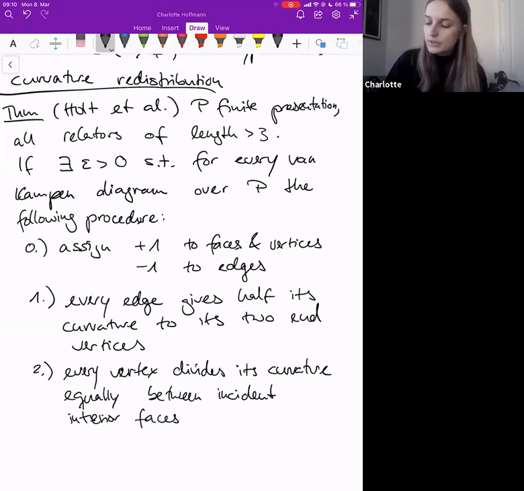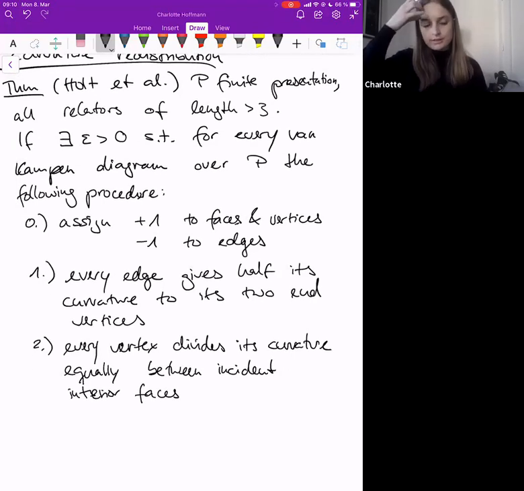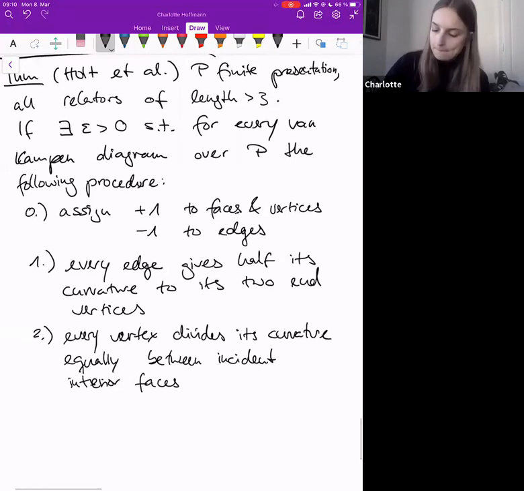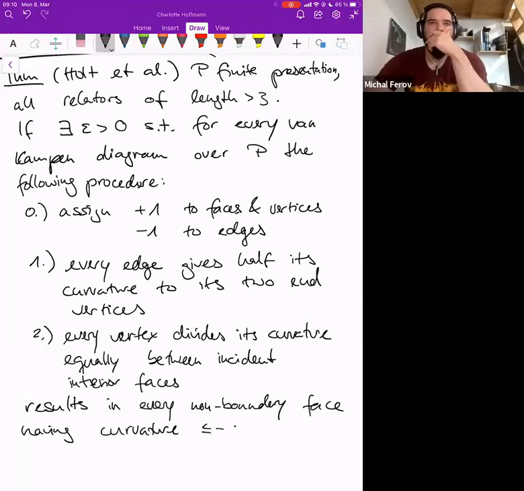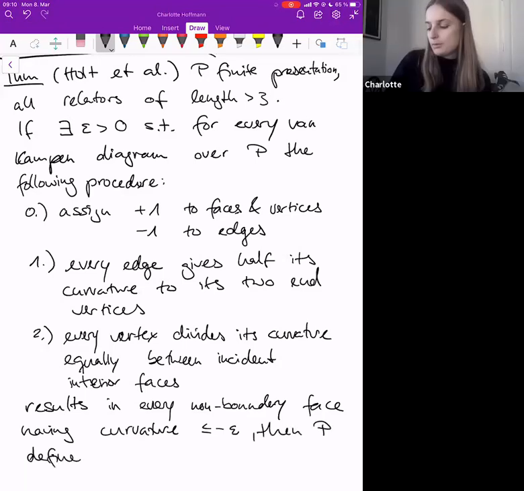Okay, so we do this procedure, and then if afterwards we can bound the negative curvature of all of the non-boundary faces by some negative number, then P defines a hyperbolic group.